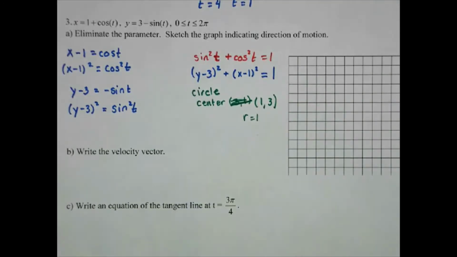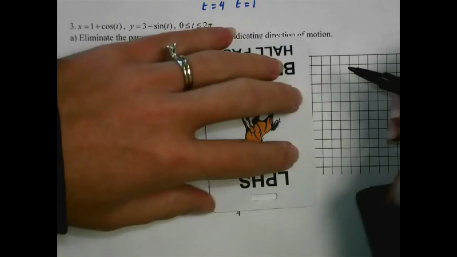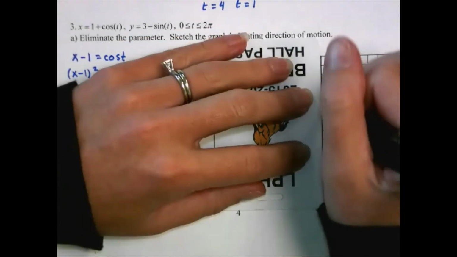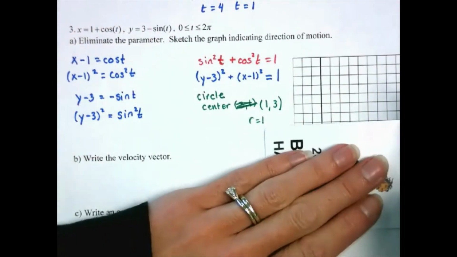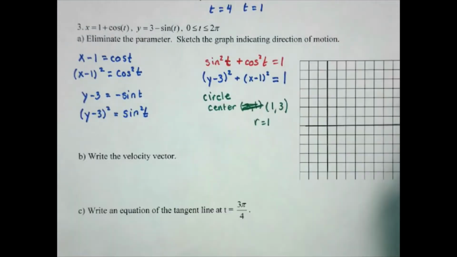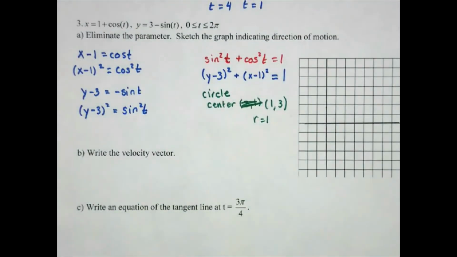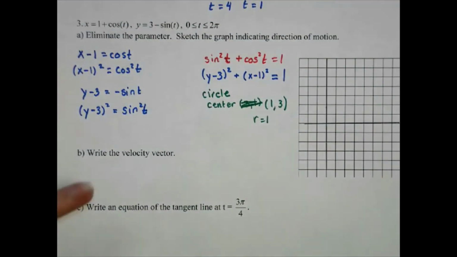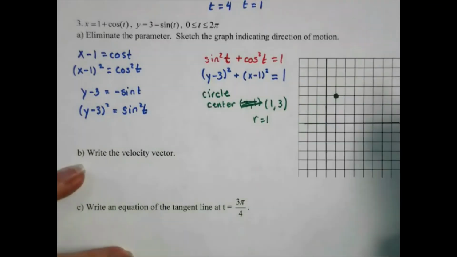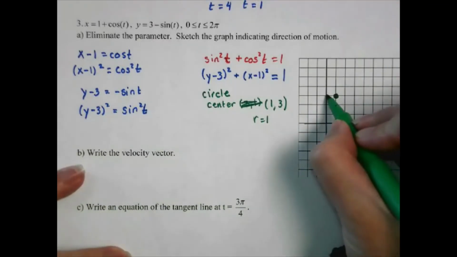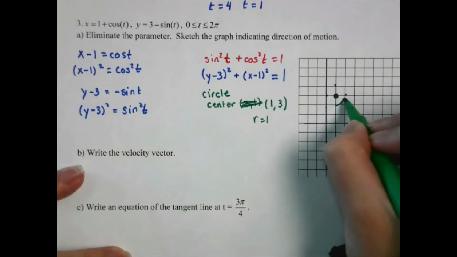So I can graph that. So we'll put a center at 1, 3. And then we just have a radius of 1, so just 1 in each direction.